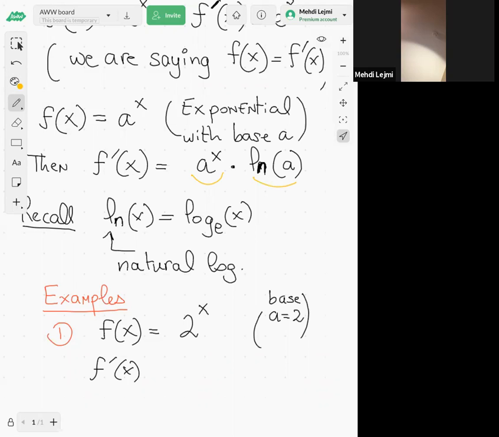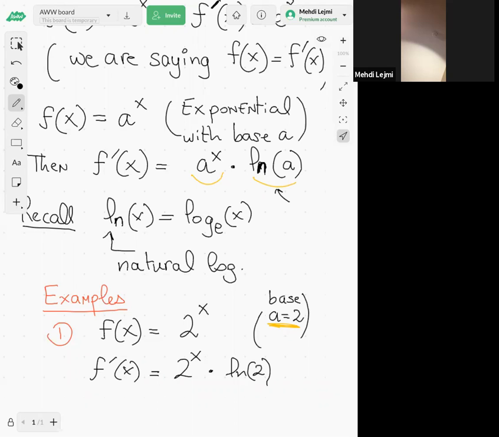Our a is equal to 2, so f prime of x would be 2 to the x times ln of 2. So this is the derivative of 2 to the power x.